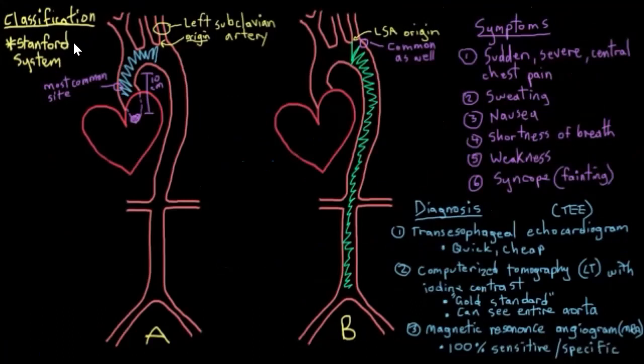Type A aortic dissection is most fatal, and it happens in the arch, which goes from 2 centimeters above the heart all the way to the origin of the left subclavian artery.